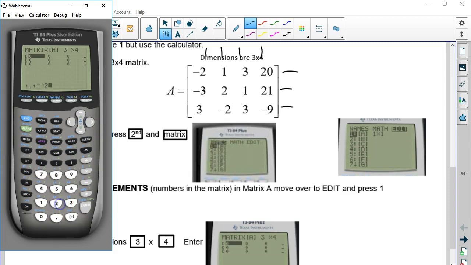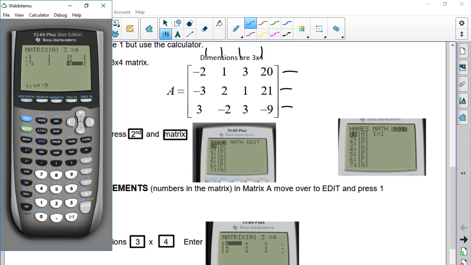So negative 2, enter. 1, enter. And so forth. Negative 3, 2, 1, 21, 3, negative 2, 3, negative 9.